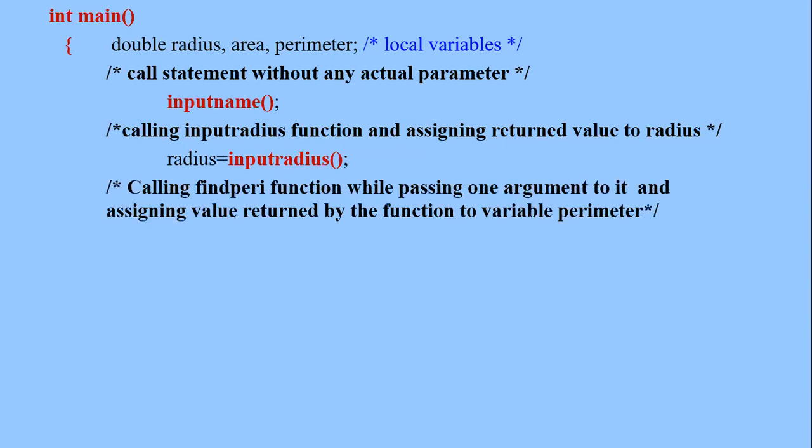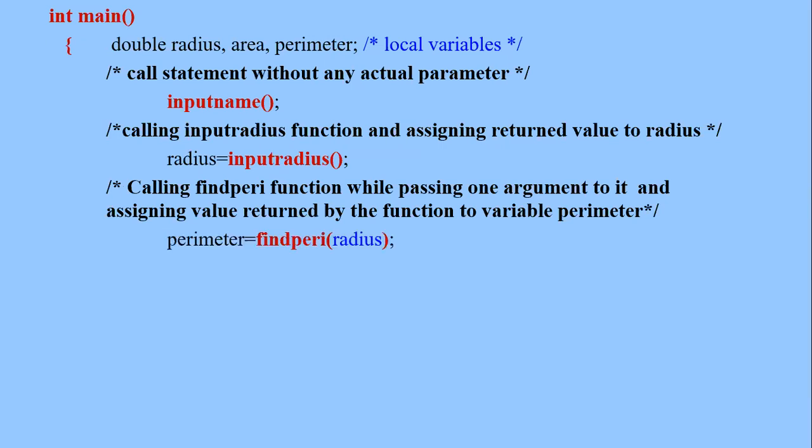Then the next is a call to the find Perry function, while passing one argument to it and assigning the value returned by the function to the variable perimeter. So here is our function, called find Perry.